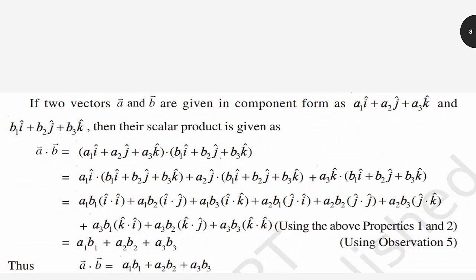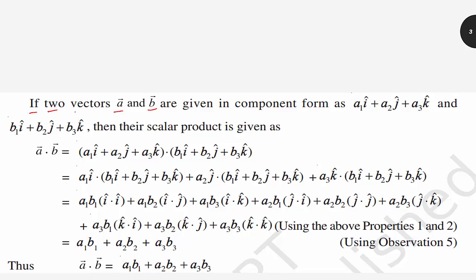Okay. So in this slide, let us see how to multiply two vectors A and B without angle. As I said in the previous slide, we are going to learn to multiply the two vectors without using cos theta. Okay, so let us see this.